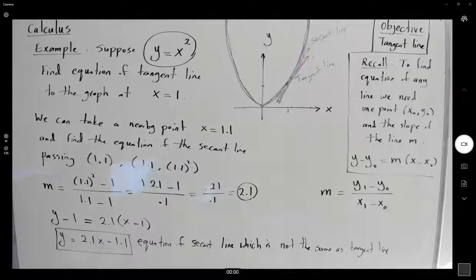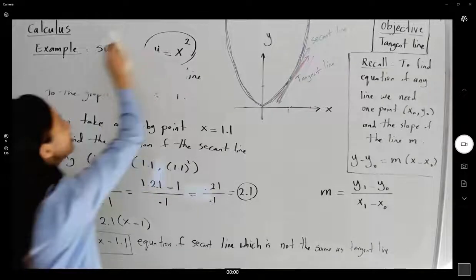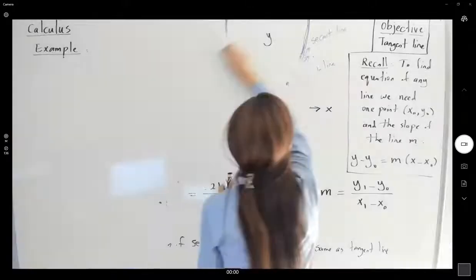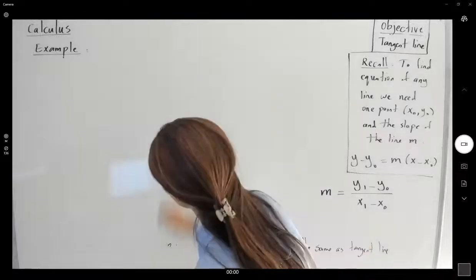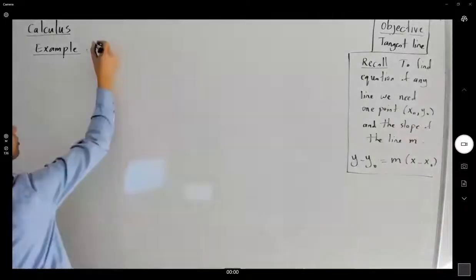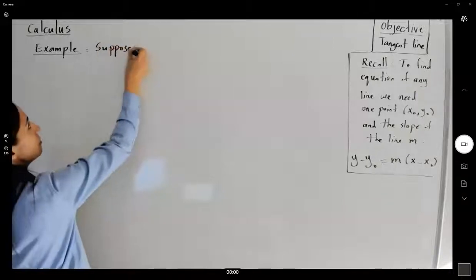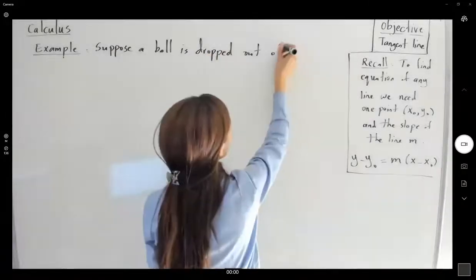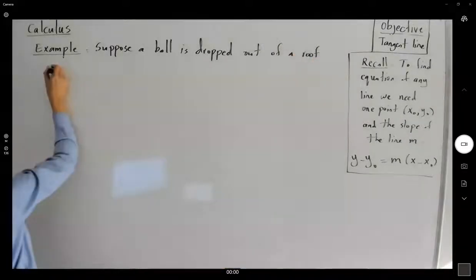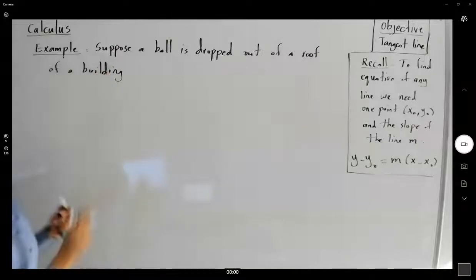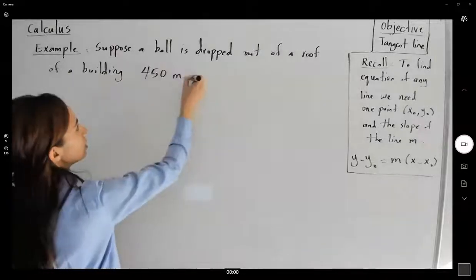So in this example, suppose a ball is dropped out of a roof of a building which is 450 meters above the ground.